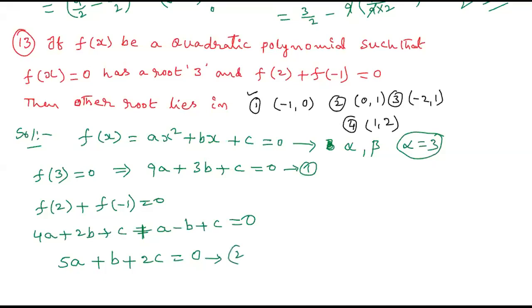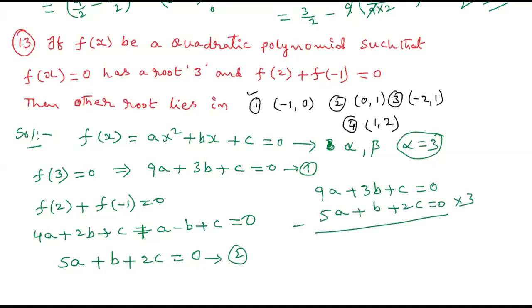Solve these two and eliminate b. So what we get, see here, 9a plus 3b plus c is equal to 0. Second one, 5a plus b plus 2c is equal to 0. Here multiply the second by 3 and subtract.